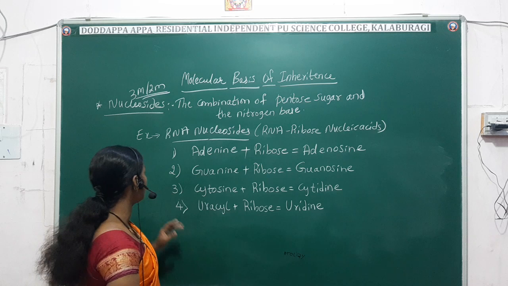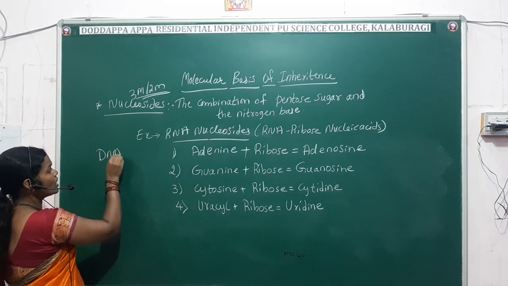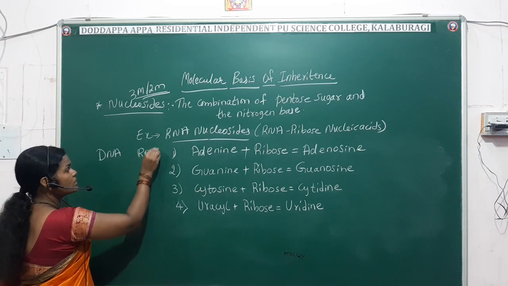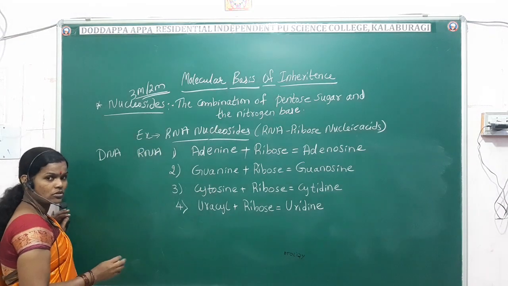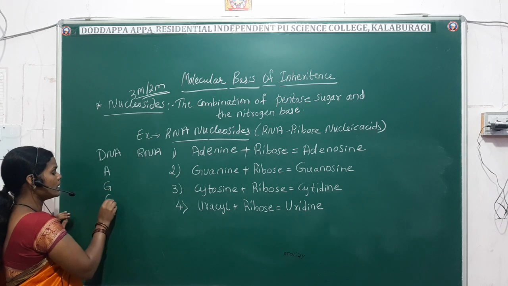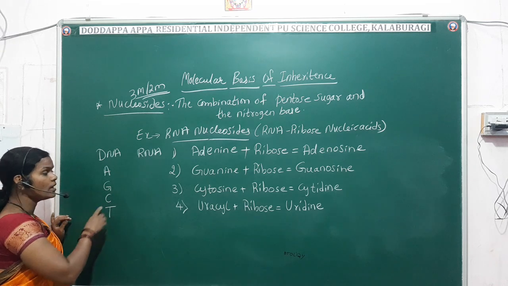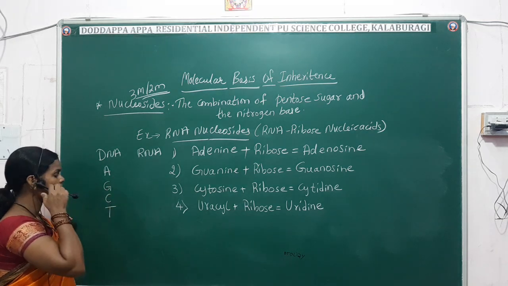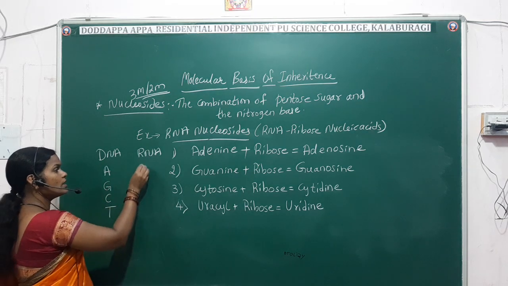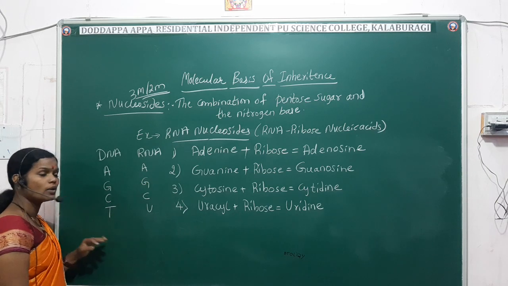Once again I'll repeat. Why this difference? In the DNA we see four nitrogen bases: adenine, guanine, cytosine and thymine. Whereas in the RNA, adenine, guanine, cytosine and uracil.